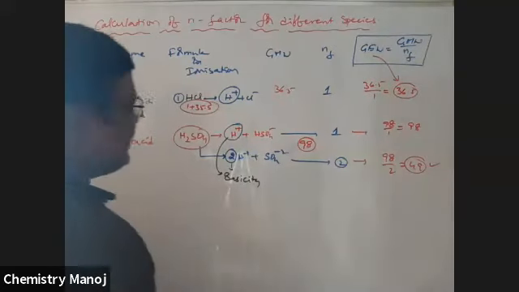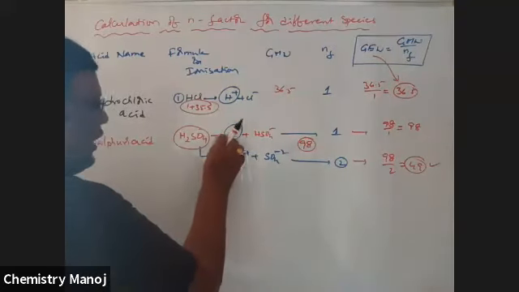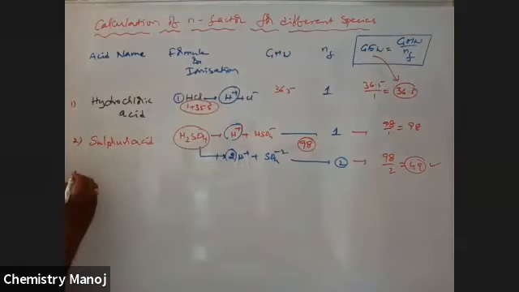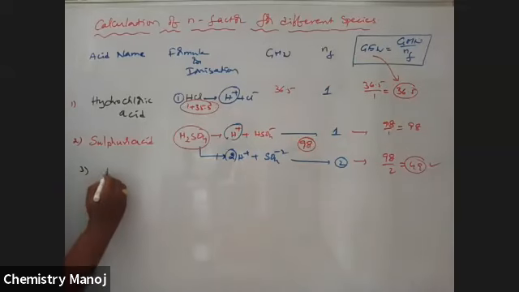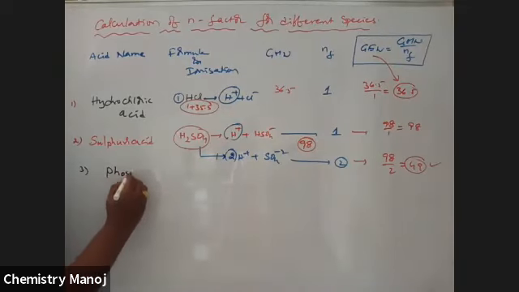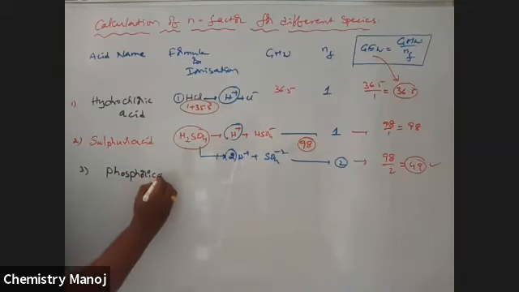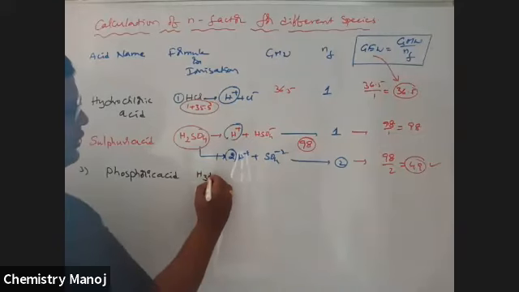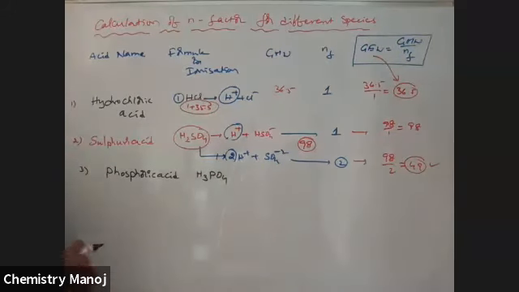Now I am going to discuss one more example and it is most important. A little difficult, please be conscious. That is phosphoric acid. Its formula is H3PO4.